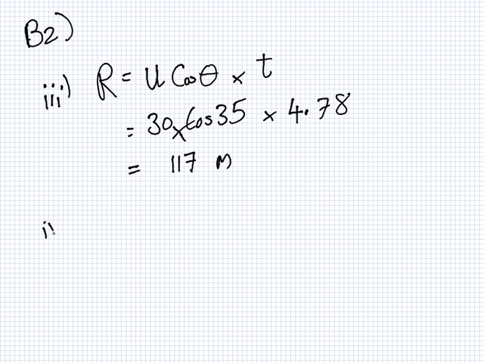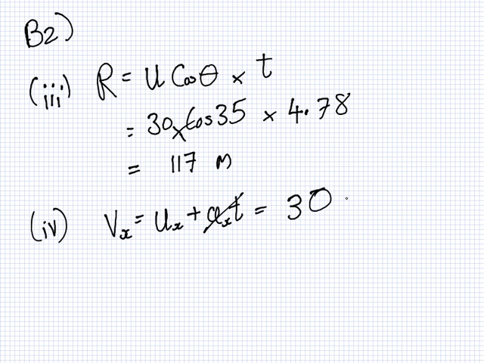And what's the last part here? The velocity at the ground. Okay, so Vx equals ux plus axt, but there's no acceleration in the x direction, so it's the same as ux, which is u cos theta, which is cos 35. That's half the answer.